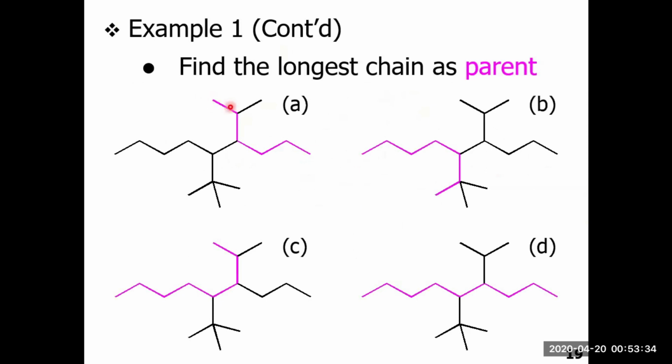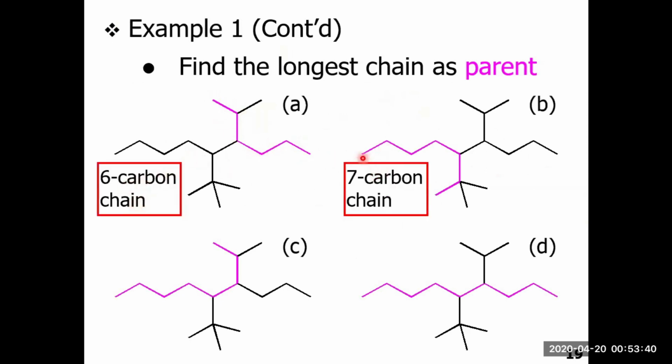You can count it like this, and that will give you a 6 carbon chain. If you count it this way in letter B, you have a 7 carbon chain. Obviously, A is no longer our choice compared to B. And if I have C, counting it this way, I have an 8 carbon chain. Now, obviously, B is no longer our choice, because it has 7 carbons.